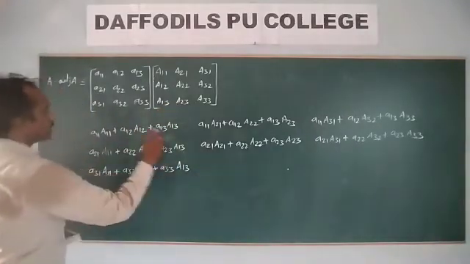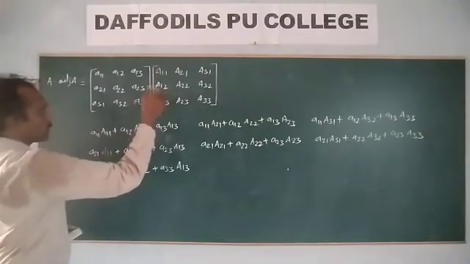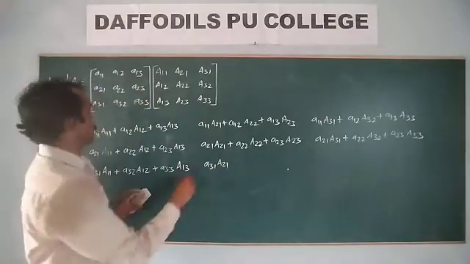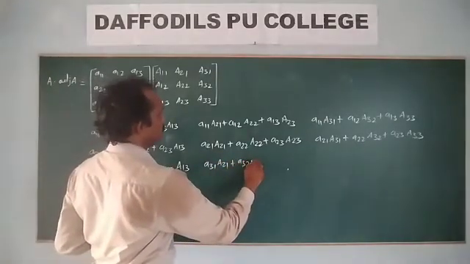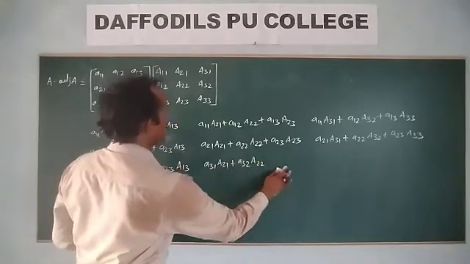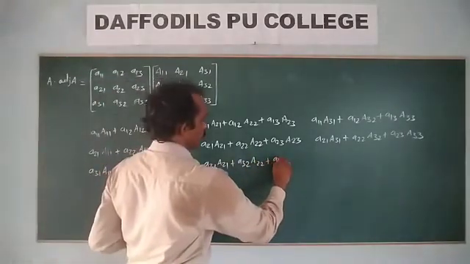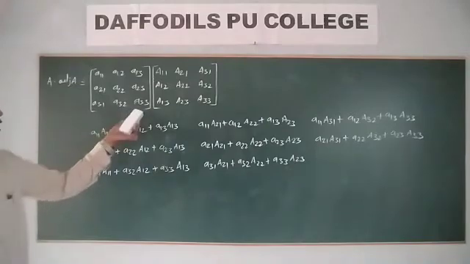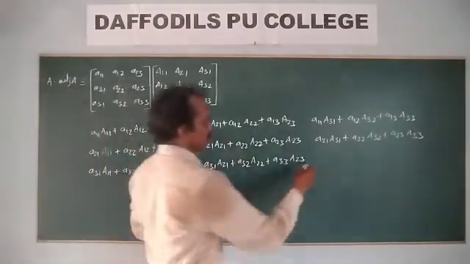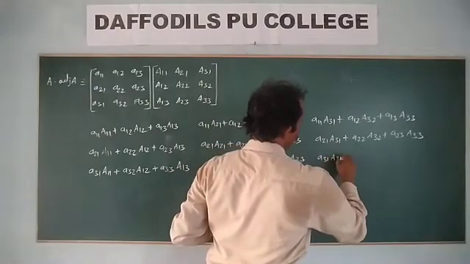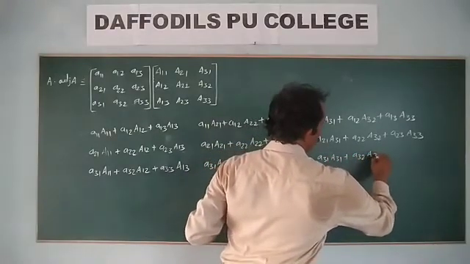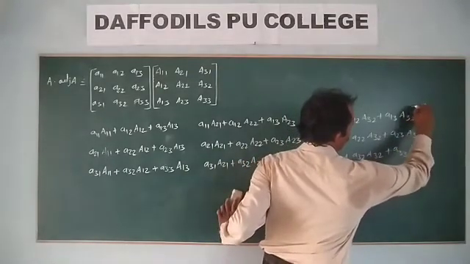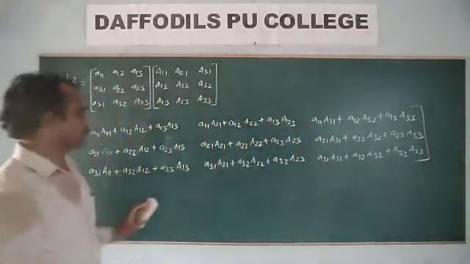Next, eighth element, third row, second column: A31 A21 plus A32 A22 plus A33 A23. And last element, third column: A31 A31, A32 A32, A33 A33, like this.